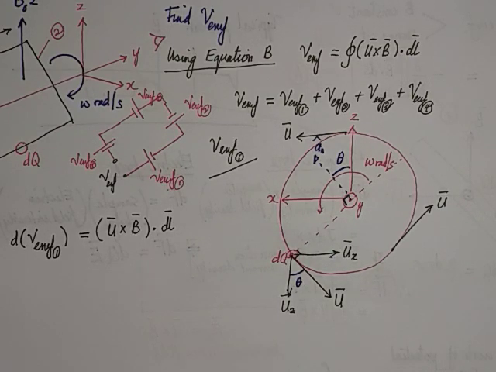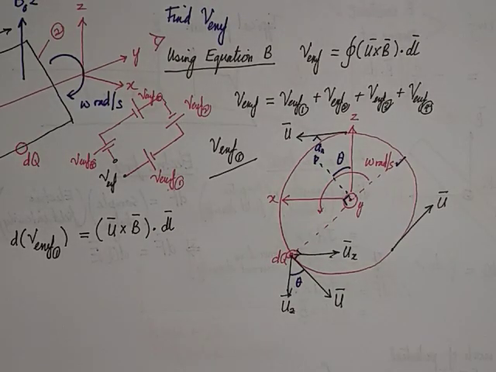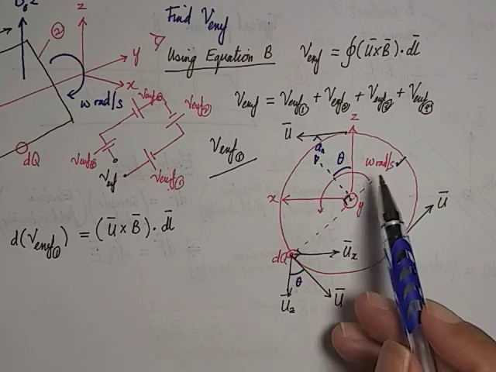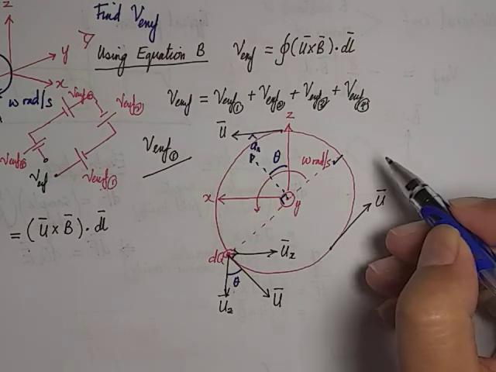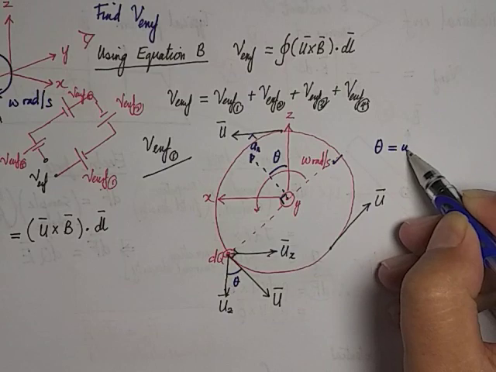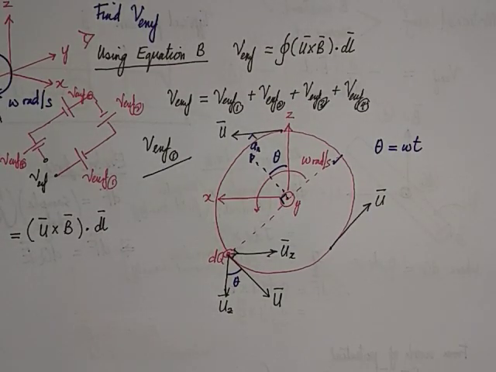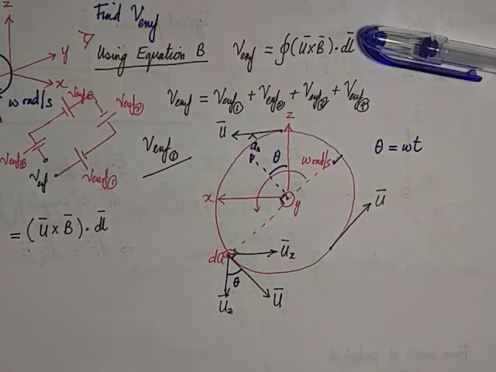So how do we relate the angle theta with the information given in the problem? What information is given in the problem? The speed, which is the angular speed. So in terms of mathematics, we can relate the angular velocity with the theta. I'm going to say that theta actually equals omega t. How do I prove that? I'm looking at the unit of this symbol.